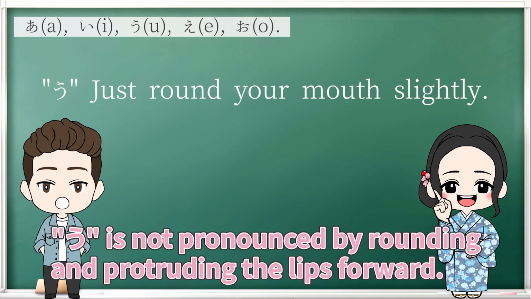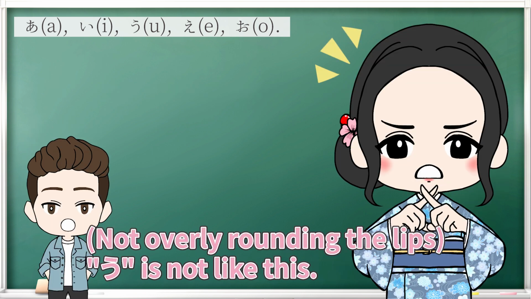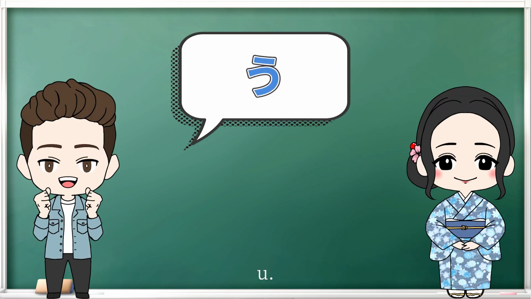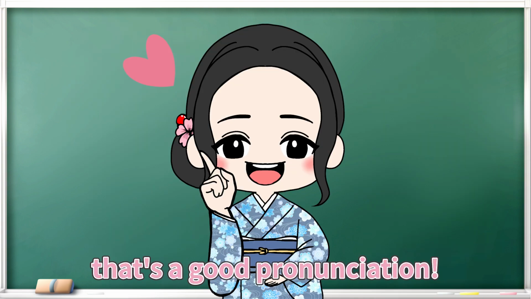The Japanese u is not pronounced by rounding and protruding the lips forward. Just round your mouth slightly. U is not like this. U is pronounced like this. Ooh. Like this? Yes, that's a good pronunciation.